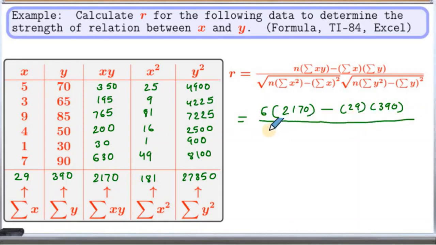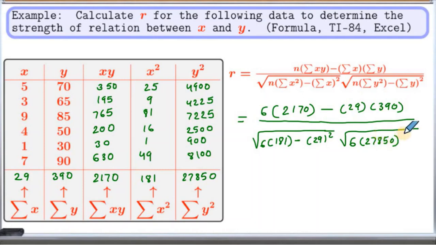For the denominator, we have square root, then our n is 6, times sum of x squared, which is 181, minus 29 squared, times n is 6, times 27850, minus 390 squared.